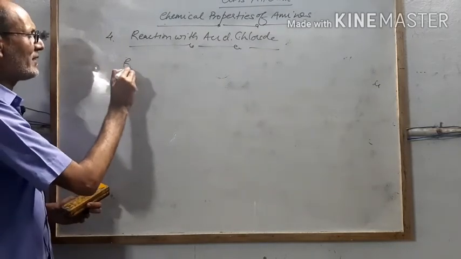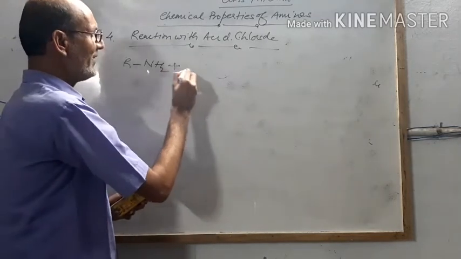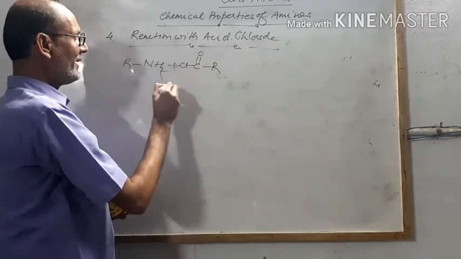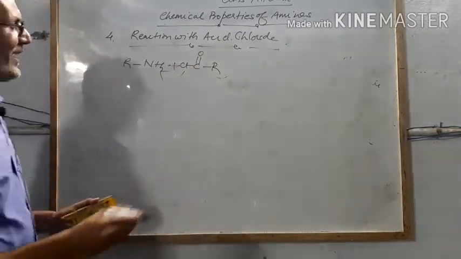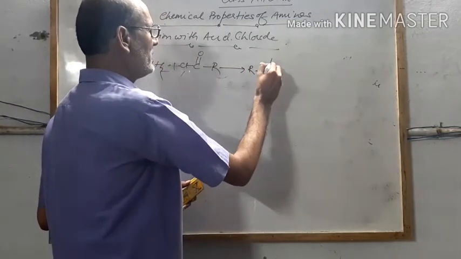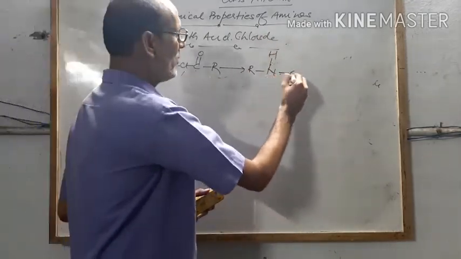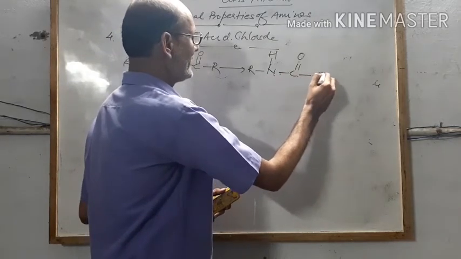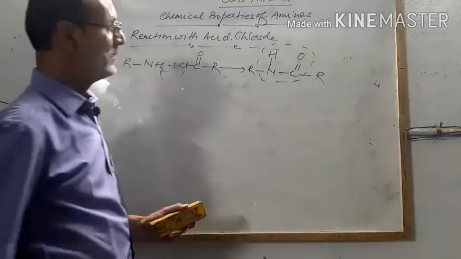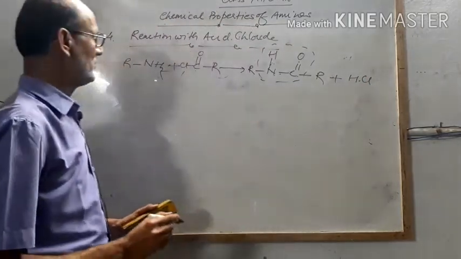Amine, that is R-NH2, when it reacts with acid chloride RCOCl, 1 H and 1 Cl will be removed and this will form R-NH-CO-R. This group you are seeing is an amide, plus hydrochloric acid, that means HCl will form.